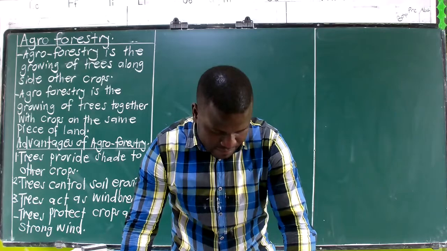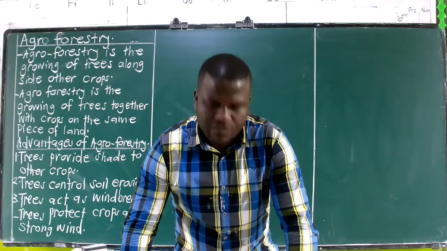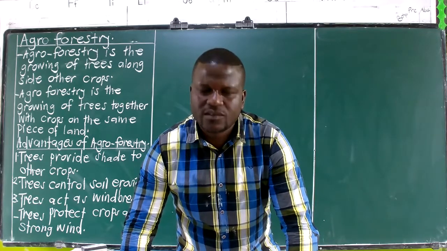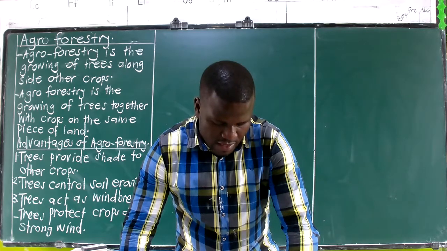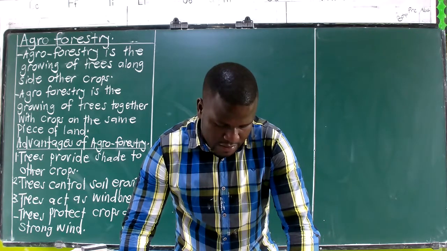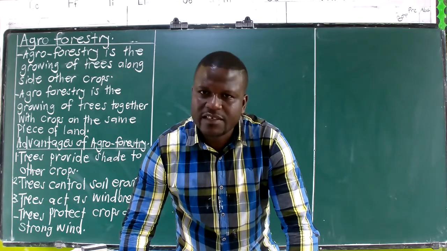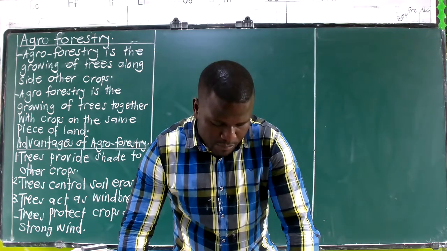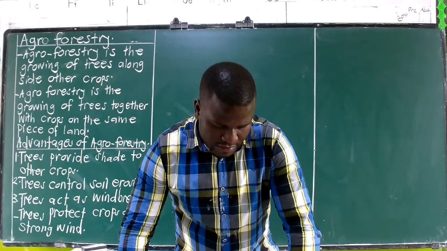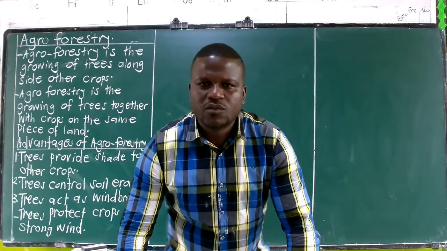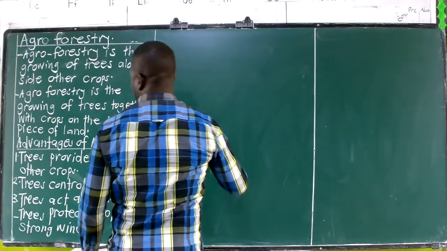Then you can also say we have what you call leguminous crops. They help to improve soil fertility. Some trees are legumes which improve soil fertility.